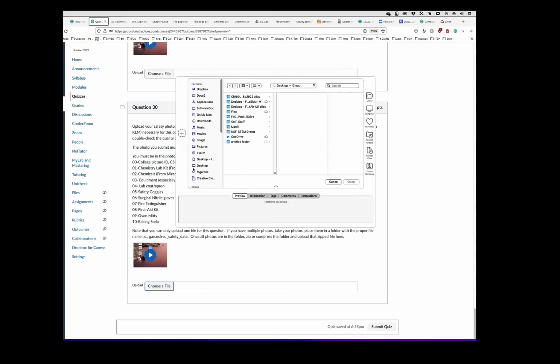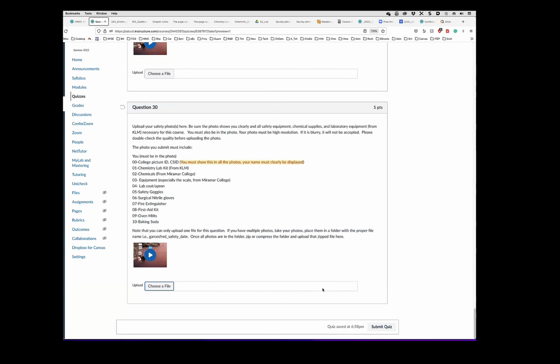That's why if you have multiple pages, you can't have multiple files. You have to create one PDF file for that. And then when you upload it, that particular question has been completed. It'll tell me the file name, and then you can submit. Not all the quizzes will have that.